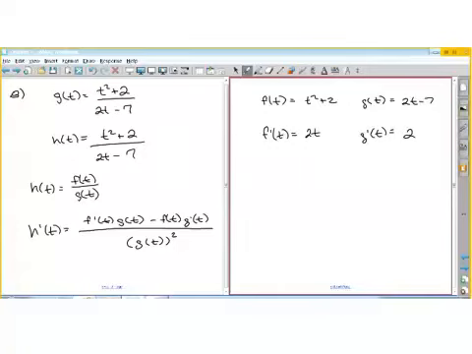That goes to 0, and then you just plug it in. So f prime of t times g of t minus f of t times g prime of t, all divided by g of t squared.